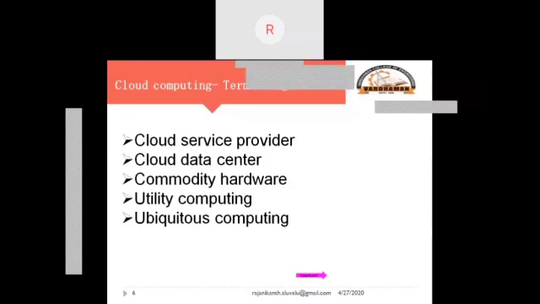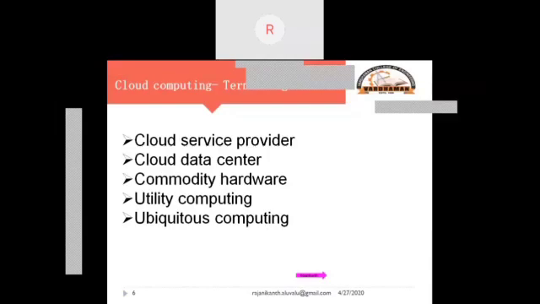The next important terminology which we speak about is the cloud data center. A data center is nothing but a place where the hardware infra, interconnected infra, is available. We call that particular place a data center because it stores the data on the underlying commodity hardware, which is interconnected.